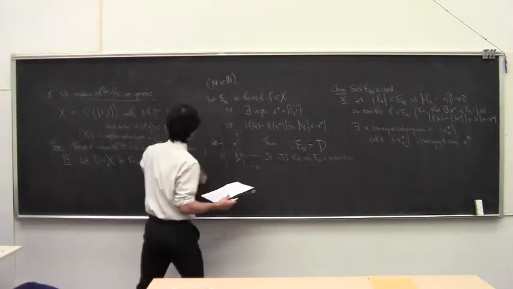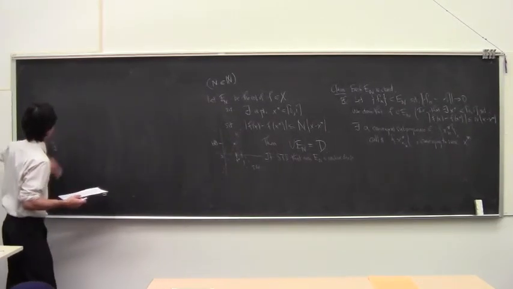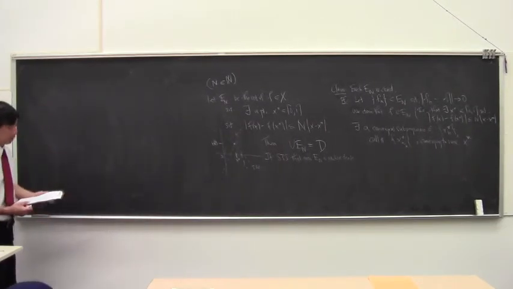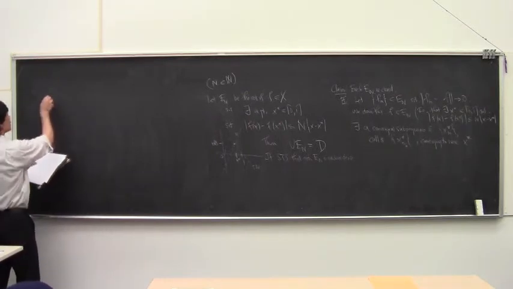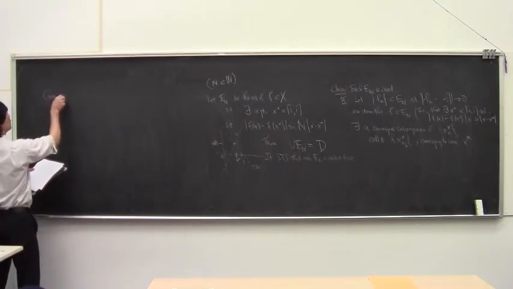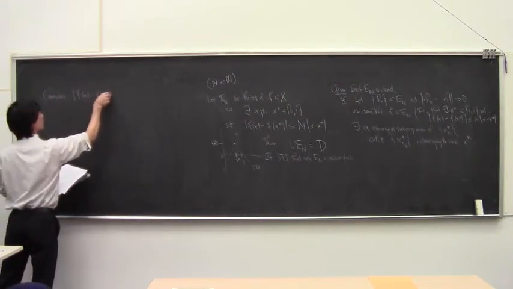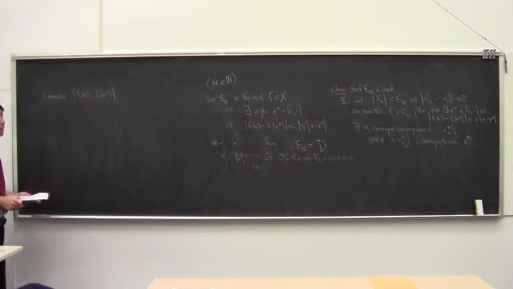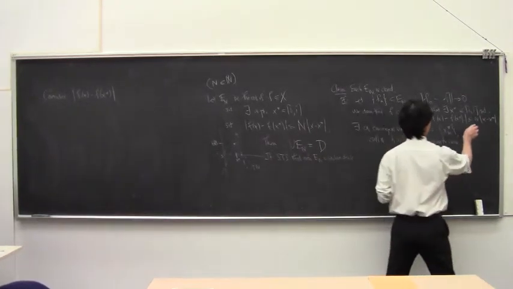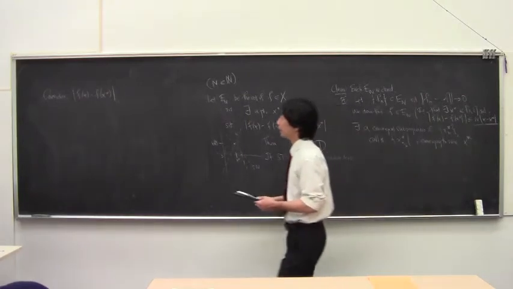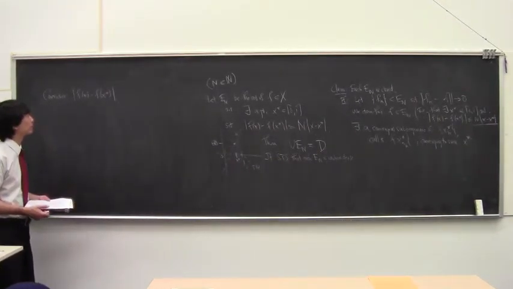Come over here. Now let's consider f(x) minus f(x star). Like I said, we're trying to show that that's controlled by n times the distance of x to x star.